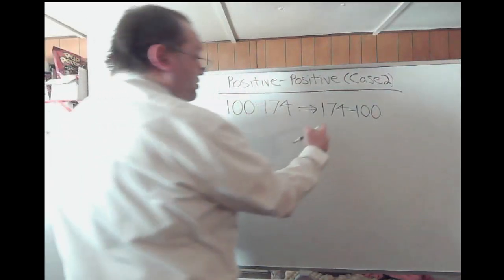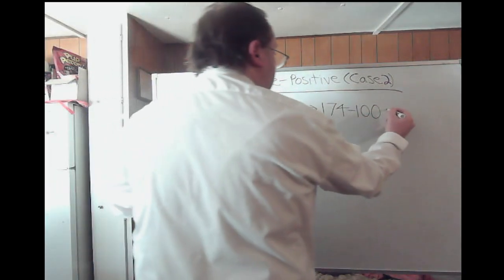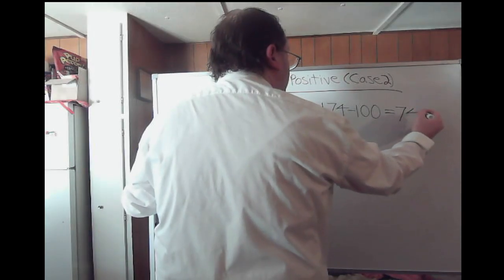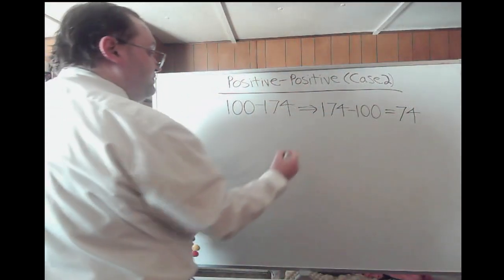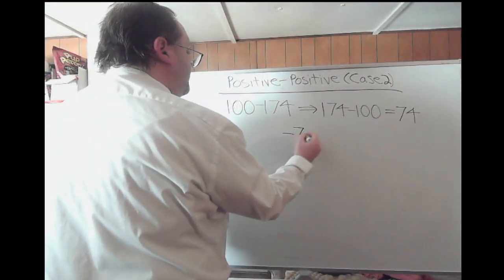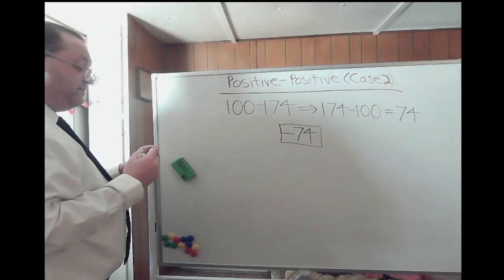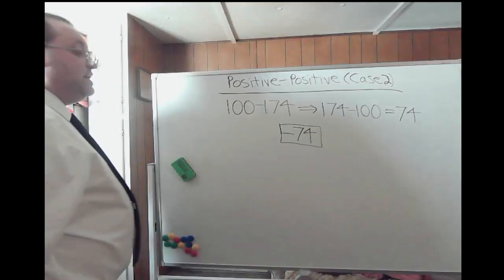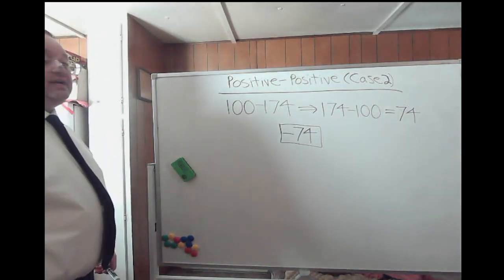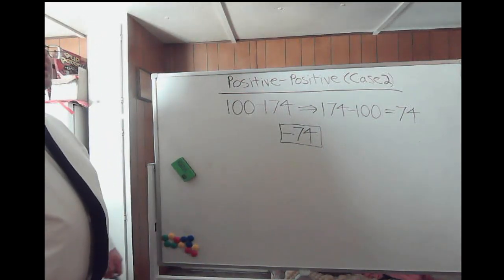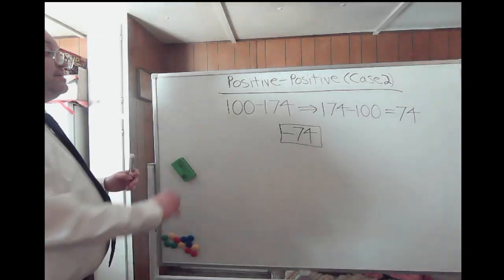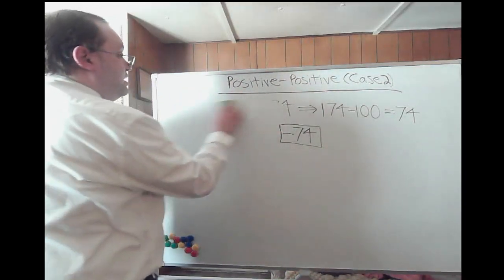Then what you'll have, of course, 174 minus 100, that's 74. But since we determined the final result's going to be negative, you just slap a negative sign in front of that 74. You'll have the result being negative 74. So that's what you do in a case 2 of a positive minus a positive when the first number is less than the second number. Simple enough.